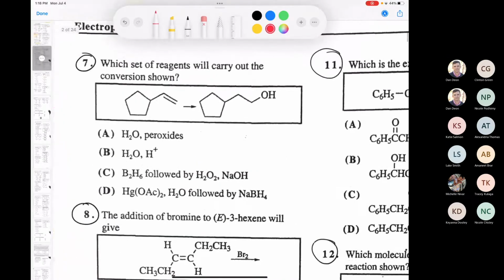Question number 7. I'll just ask this to my students. Here I have an alkene, and I want to do an anti-Markovnikov addition of water across the double bond. What would be the best set of conditions to use here? Would I use A, B, C, or D?